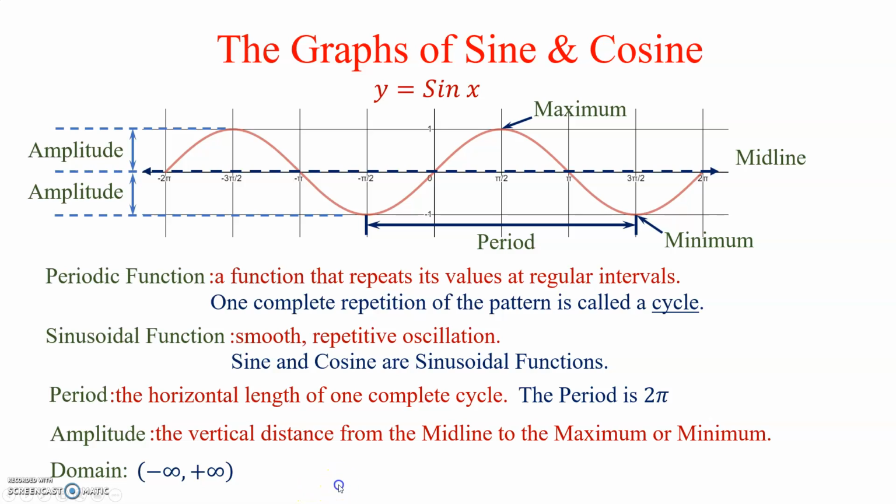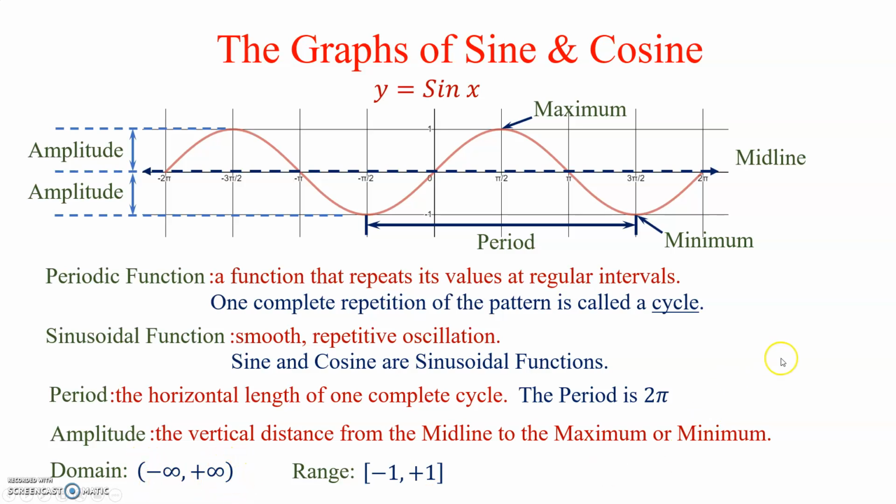If we consider the range, range is how far up and how far down. The highest it goes is 1, the lowest it goes is -1. So the range would go from -1 to +1. And notice how it's written inside of brackets. The brackets are an indication that you can include these values, whereas the parentheses say you do not include the infinities.